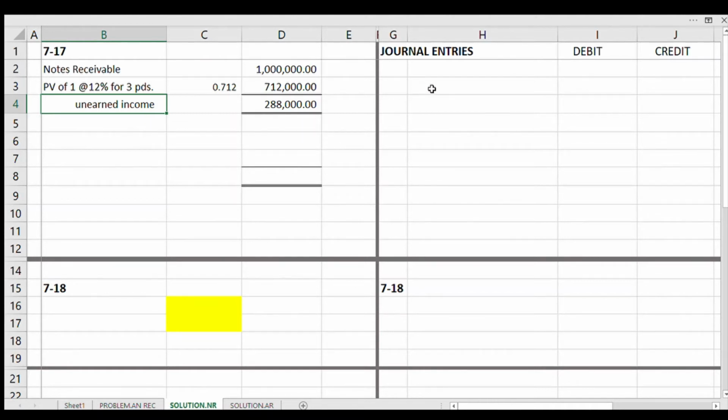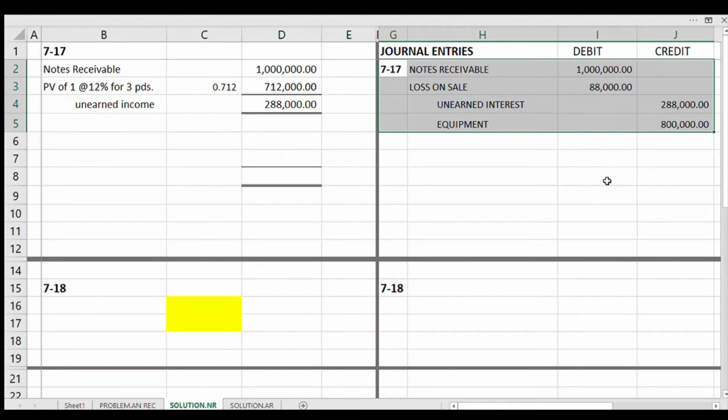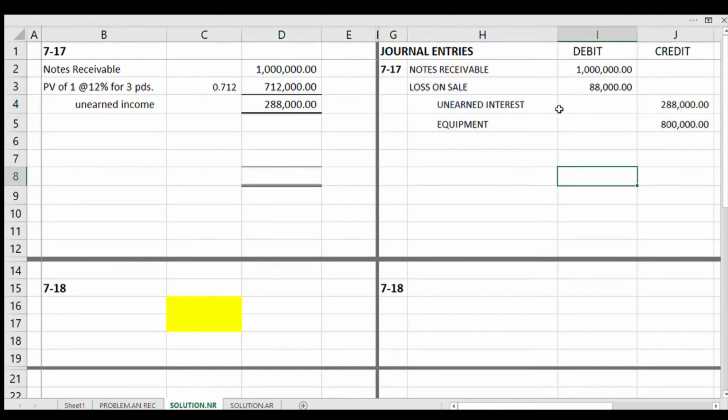Now, let us do the entry. The entry for this sale, so that we can have it in the books, is this. Note receivable of 1 million pesos, and we will be crediting the equipment as well as the corresponding unearned interest of 288,000.